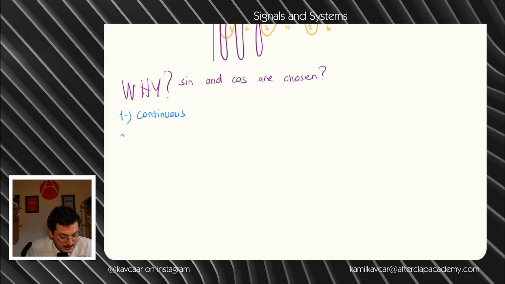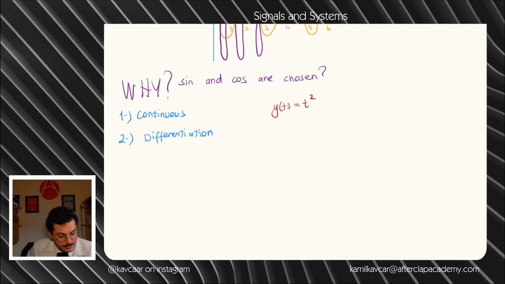And another reason is that they're also continuous when it comes to differentiation. Let me explain it this way. Let's say we have chosen a signal like y of t is equal to t square.